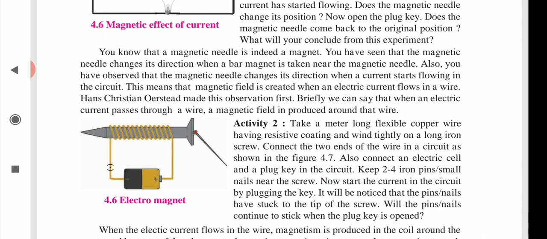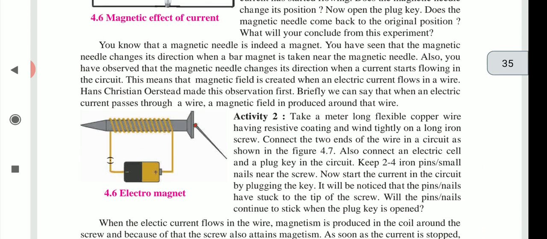As soon as the current is stopped, this magnetism vanishes, which means the pins also fall off, and the system of coil and screw is called an electromagnet.